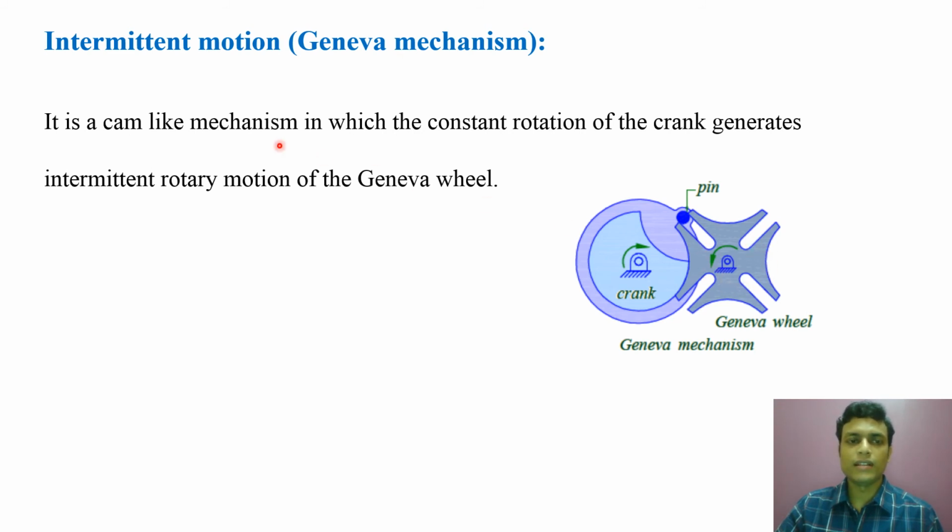It is a cam-like mechanism in which the constant rotation of the crank generates intermittent rotary motion of the Geneva wheel. So this is the crank which is rotating at a constant speed, and it produces intermittent rotary motion of the Geneva wheel. Let us see the animation.